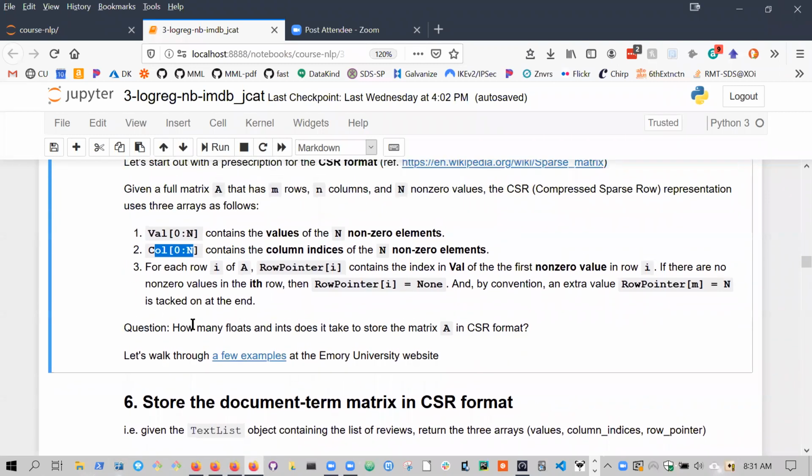So then I ask, how many floats and ints does it take to store a matrix A in compressed sparse row format? If you look at that, you just have to add up the number of values in each of these arrays. This one has capital N floats in it, because we don't know what the values in array A are. We're just going to assume they're floats.